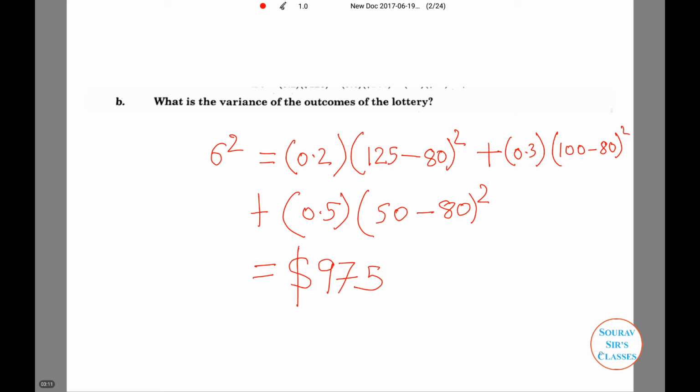In the next question, we would find whether the risk neutral person will play the lottery or not. A risk neutral person is indifferent to or balanced with respect to a financial risk. Hence, a risk neutral person would like to pay only the value that he is going to get from the lottery.